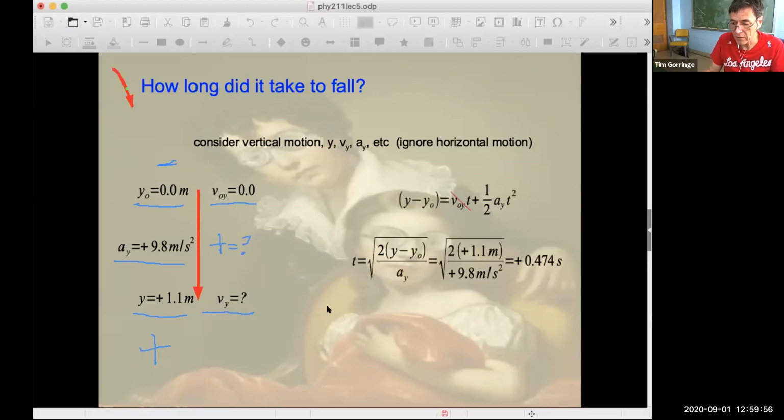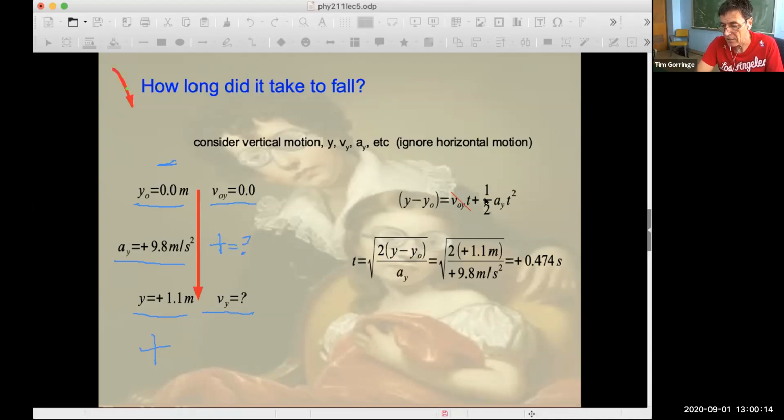Okay, so here's my solution. I went back to my old friends, 3 old friends, the equations of motion. And I looked at those equations of motion. I said, I want to figure out the time that it takes this projectile to hit the ground. Who can help me?